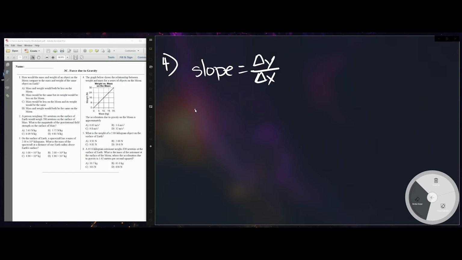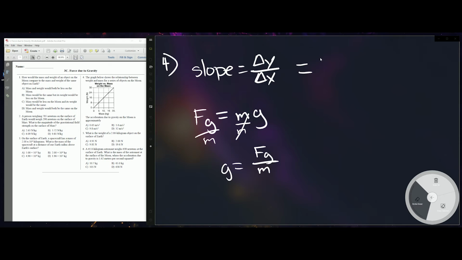And we know that Fg, which is your weight, is equal to m times g, or m times a. Doesn't matter. Now if we divide by m on both sides, we get g is equal to Fg over m. Huh, that looks familiar.